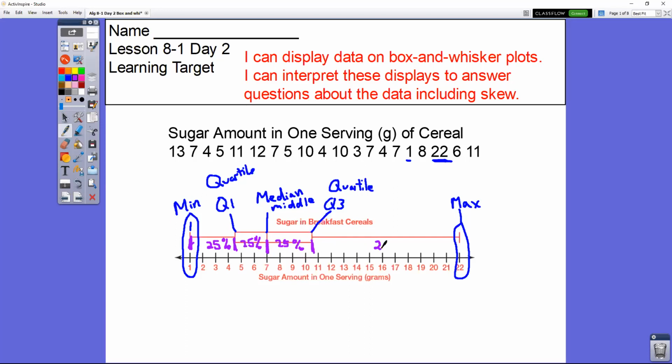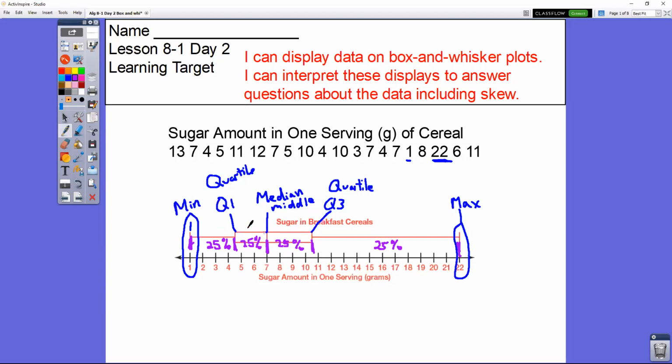And then the other 25% of your data is in between quartile 3 and your maximum number. So the box and whisker plot sort of separates it out into 4 sections. You have the 25% right here, 25% here, 25%, and 25%.